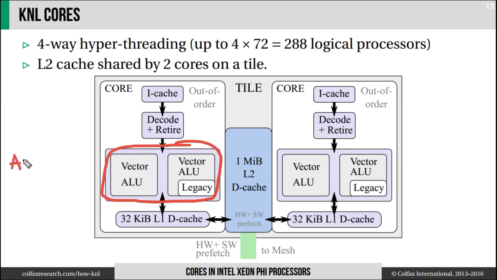These operations come from the AVX-512 instruction set, and we will talk more about this in episode 3. But as a programmer, you need to be aware that there are 2 levels of parallelism in Knights Landing. Cores can run independent streams of instructions on different data sets, and there are also vector units inside of every core that can run a single stream of instructions on multiple data elements.